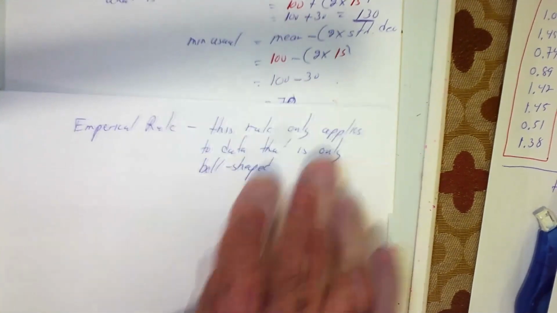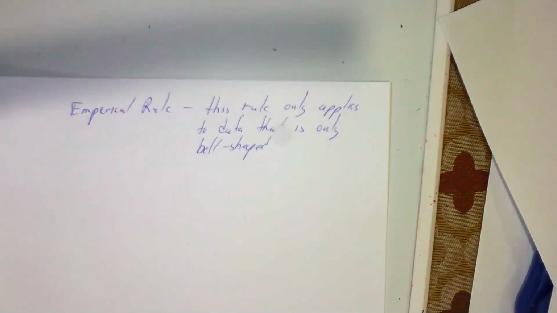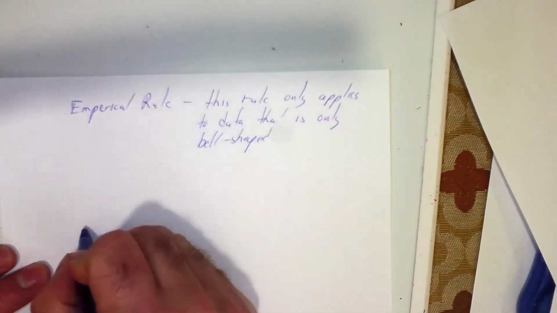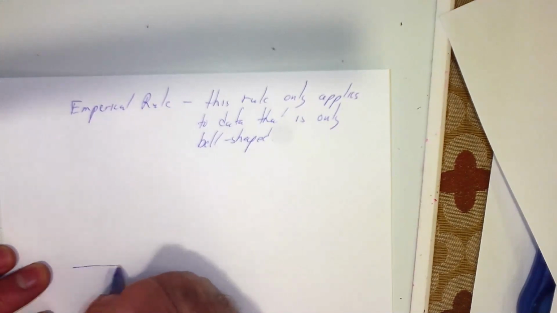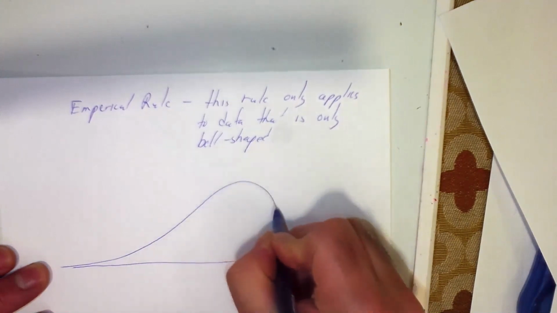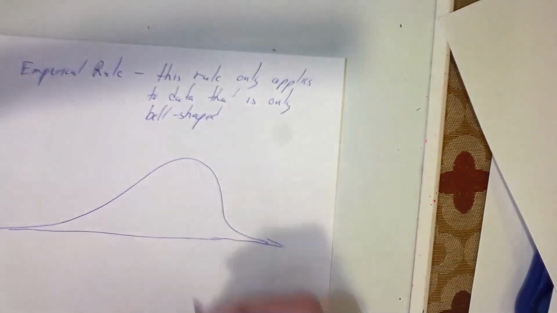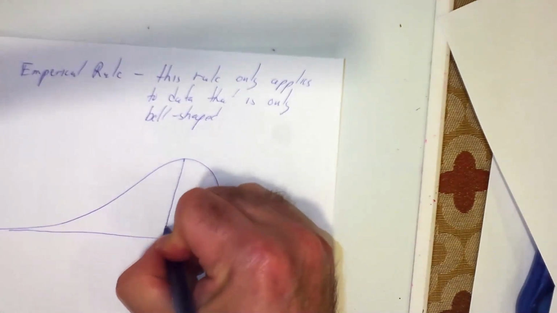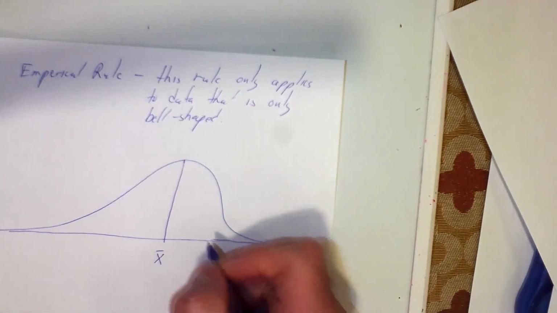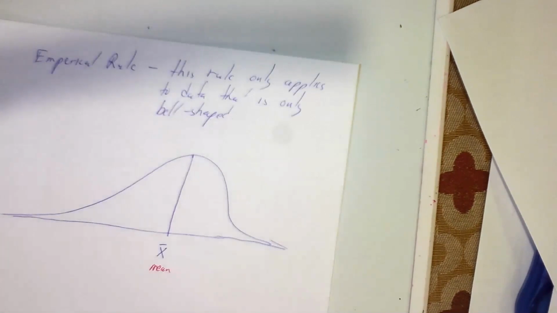Okay. So the way things work when things are bell-shaped is that they are symmetrical. Right? So let me draw my picture of my bell shape. In the middle, we're going to label this as X bar. Do you remember what X bar is? X bar is the mean.